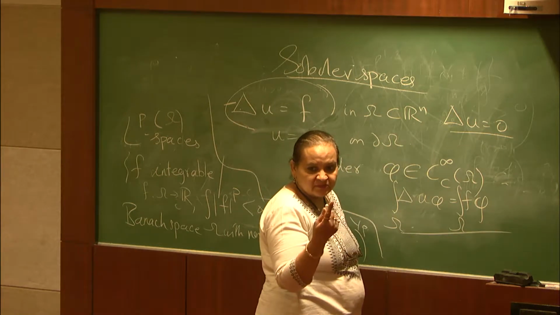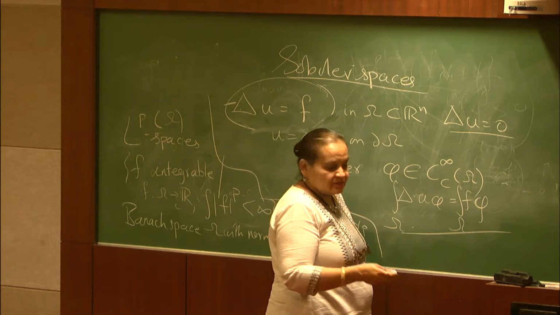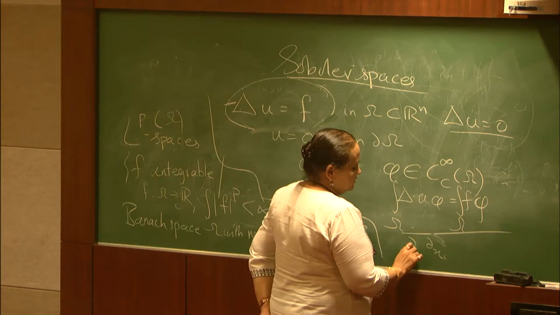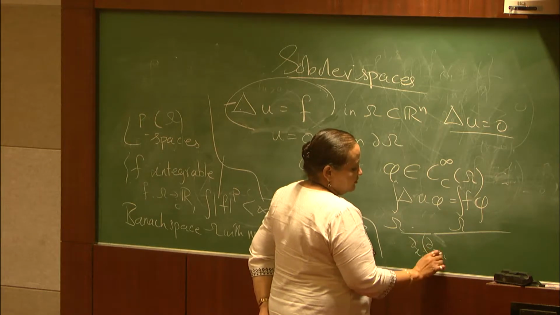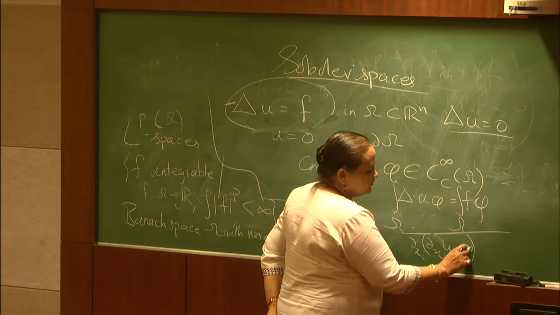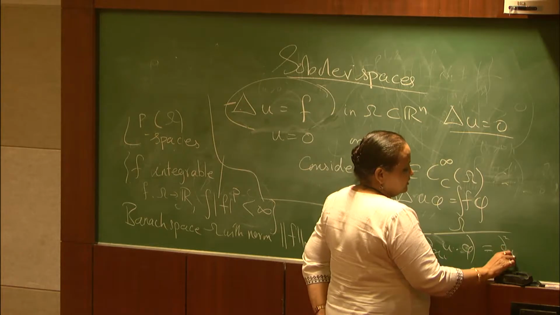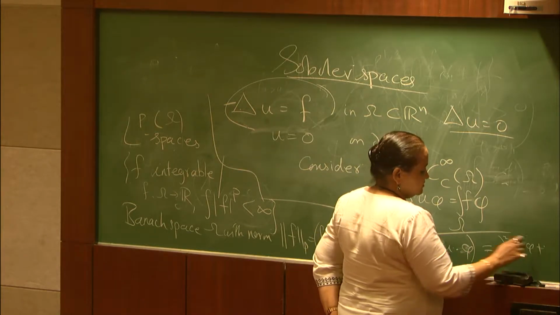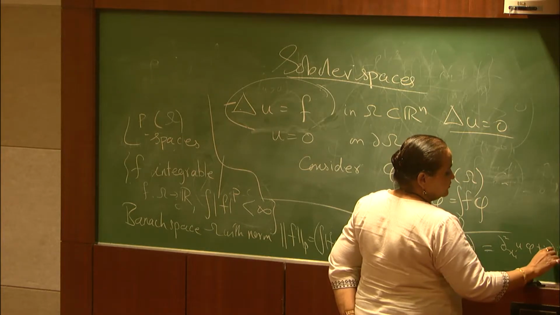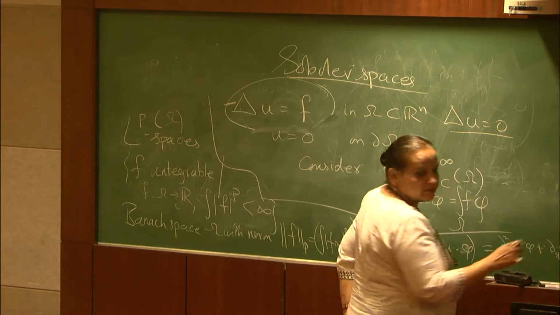You can think of just one variable, right? The Laplacian has d square by dxi square. So you take d of dxi of u times phi, right? If you differentiate this, it is going to be what? d square xi of u times phi plus dxi of u times dxi of phi.